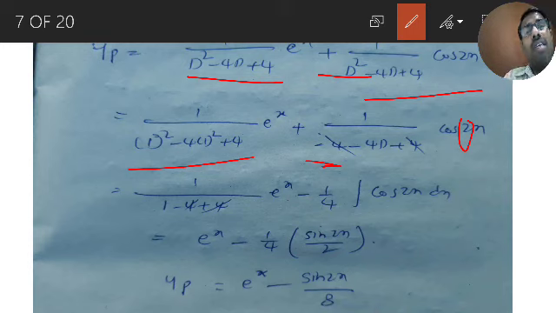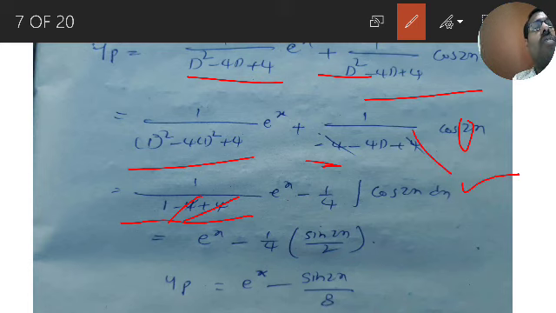So what happens? Next step, 1 by (1 minus 4 plus 4) of e power of x, minus 1 by 4 of 1 by d of cos 2x, because 4 minus 4 cancel. D means derivative, 1 by d means you have to do integration. That is minus 1 by 4 of integration of cos 2x dx.